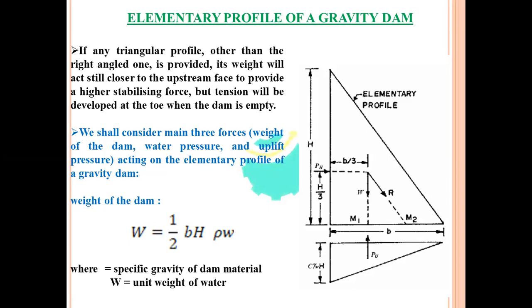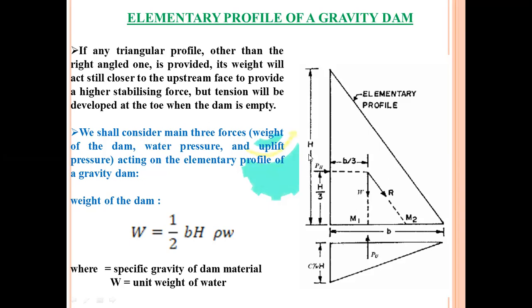Weight of the dam W equals half of B H rho W, where B is the base width of the dam, H is the height of the dam or reservoir, capital H, the height of the reservoir.